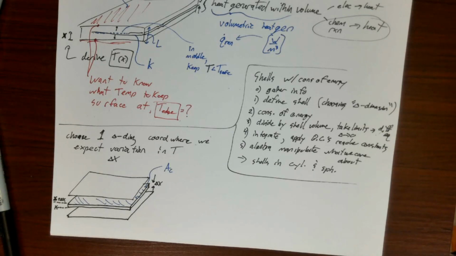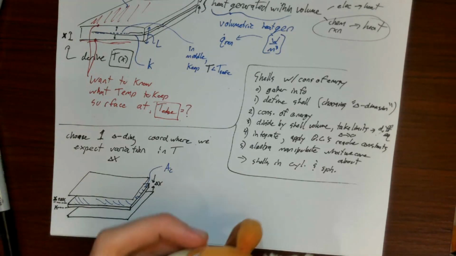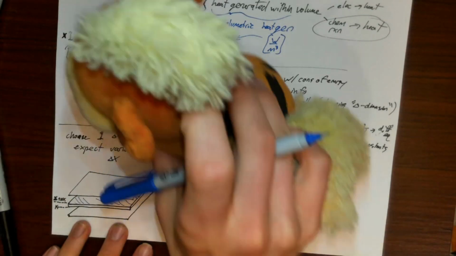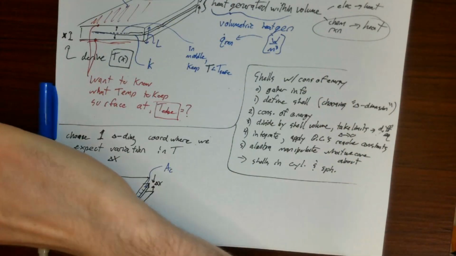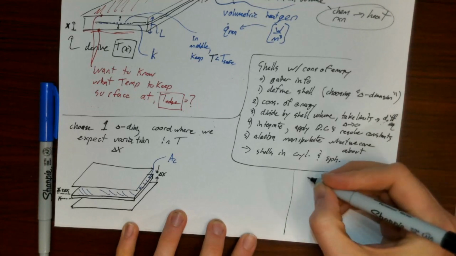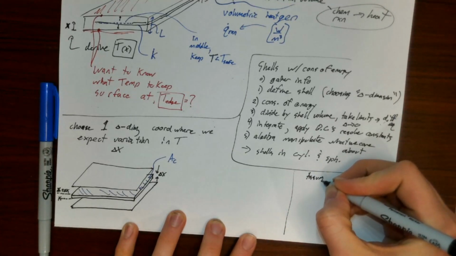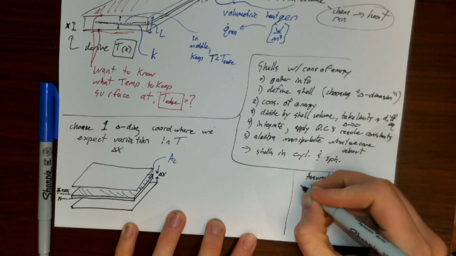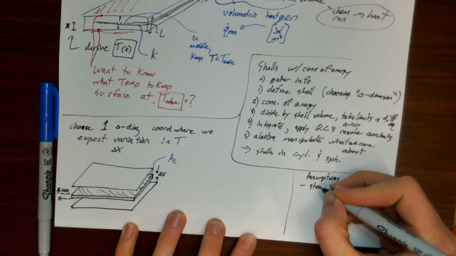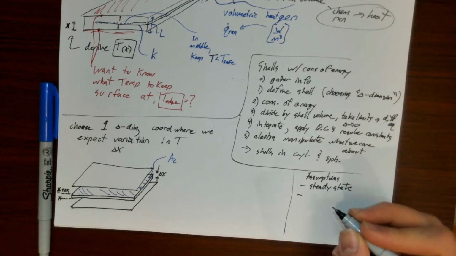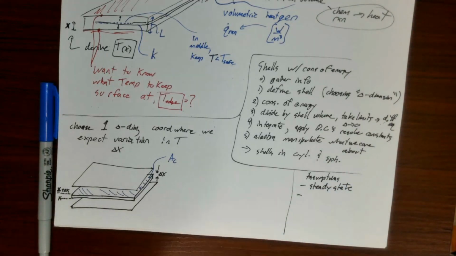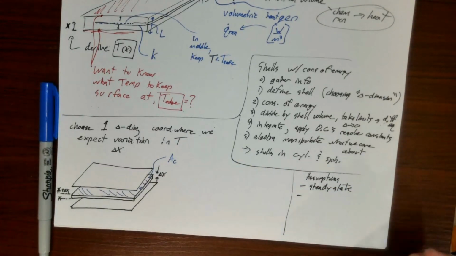All right, so Growlithe is a very patient Pokemon, and Growlithe is willing to wait enough time for this system to be in steady state. So let's start squaring away some of our assumptions. We're going to assume that we're in steady state. We're going to assume that we only really have temperature varying in x.